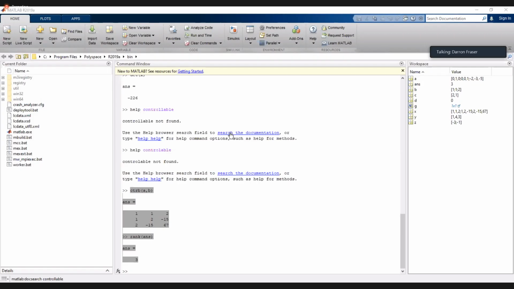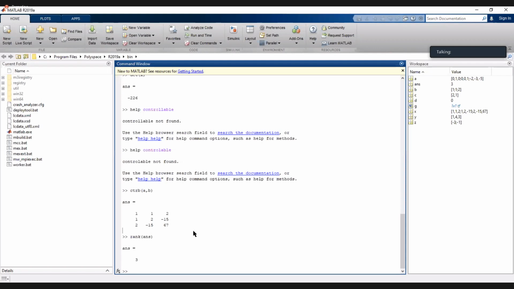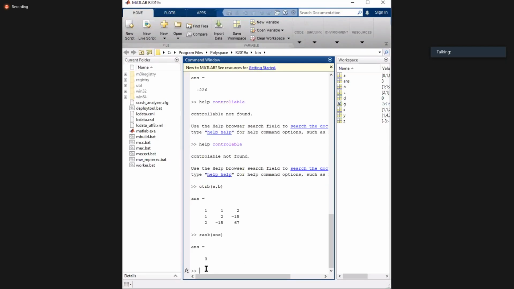So now our matrix A is 0, 0, 0, 1, 0, 0; 0, 0, 1, 0; 0, 0, 0, 1; -4, -6, -2, -1.